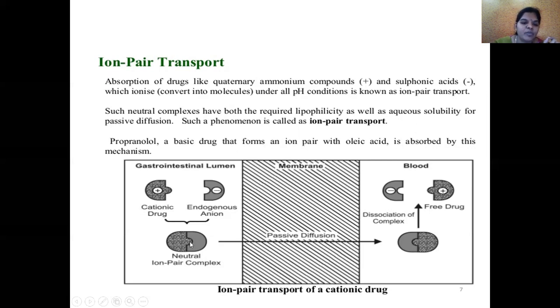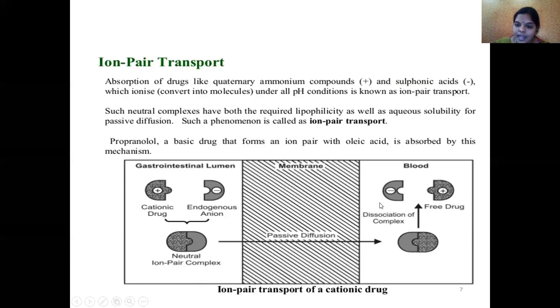It forms a neutral ion pair complex. Neutral means the charge is constant. Positive charge and negative charge will combine here and form a neutral ion pair complex, and this complex will be passed to the blood or systemic circulation via the membrane by the mechanism of passive diffusion.